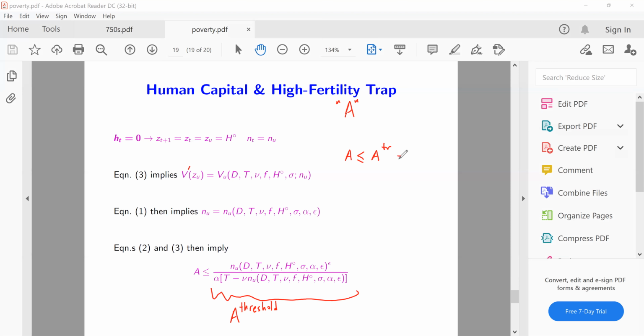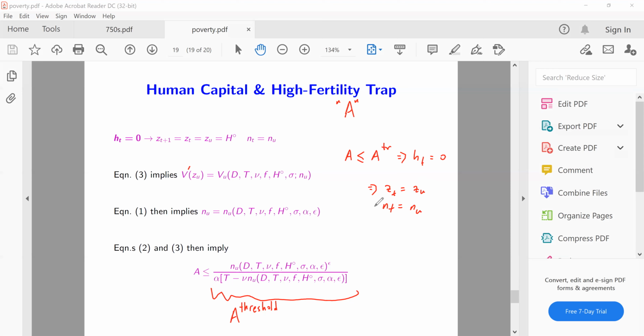And if that's true, then education investment is 0. And with education investment being equal to 0, ZT is equal to ZU, NT is equal to NU. Again, to solve for NU, you need to use some numerical methods, but at least you understand that it depends critically on the education technology threshold.